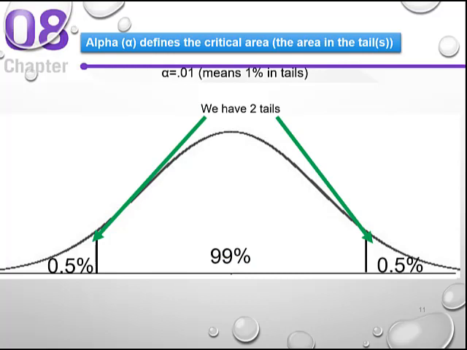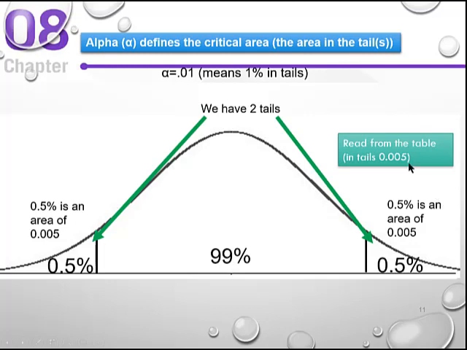Well, if it's 0.5%, then we know this is an area of 0.005. Again, you just divide the percent by 100. Same logic, you go to the table and you find this area in the tails. And you will see that this corresponds to a Z-score of negative and positive 2.58.